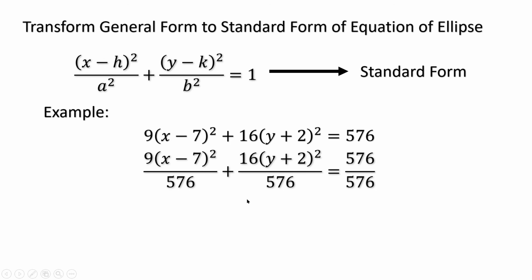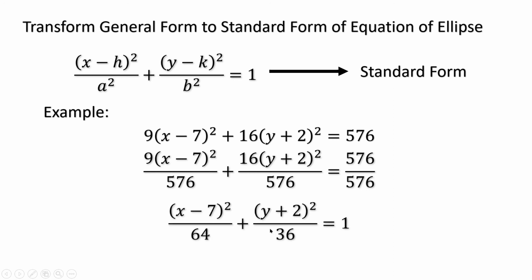We simplify the numbers on the right side to 576, then divide both sides by 576. We get the square of x minus 7 divided by 64 plus the square of y plus 2 over 36 is equal to 1. This is now in standard form.